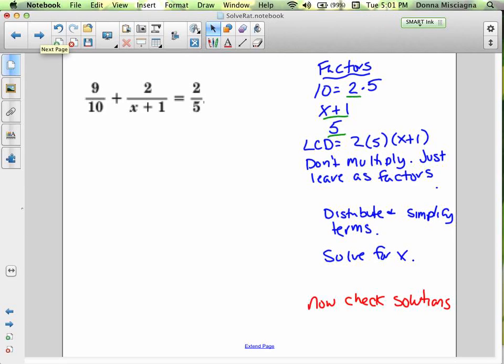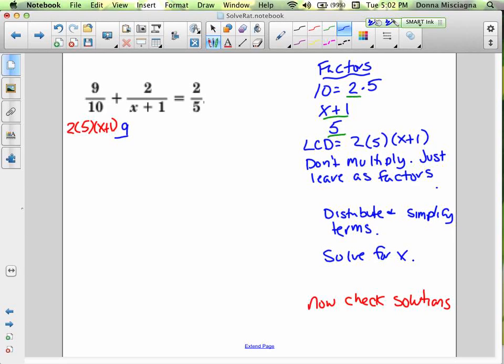All right, so we're going to multiply each of our terms here by 2 times 5 times x plus 1. So we have to multiply the first term by 2 times 5 times x plus 1. So that's times 9/10. Plus, we have to multiply the 2 divided by x plus 1 by 2 times 5 times x plus 1.